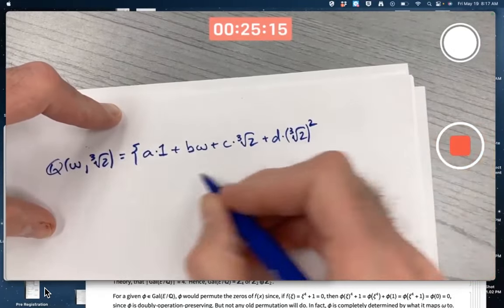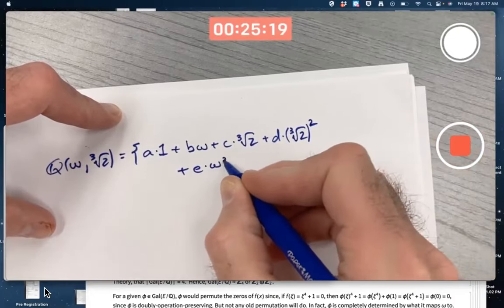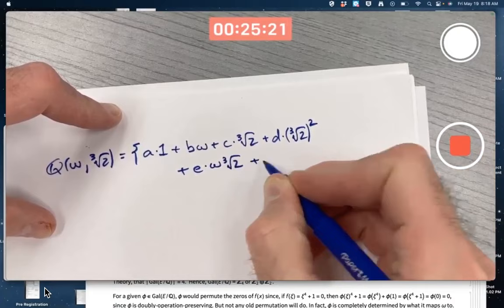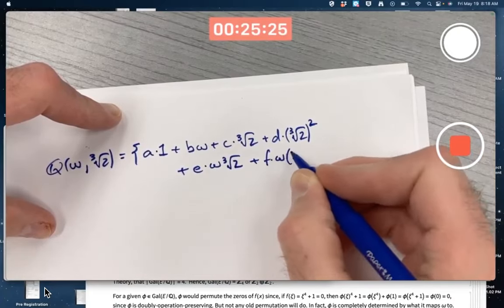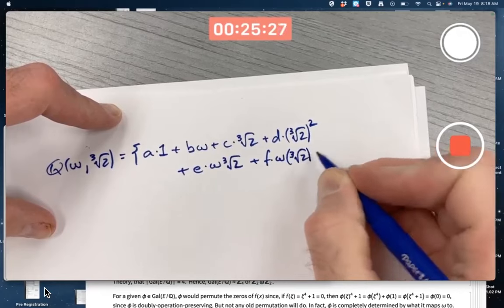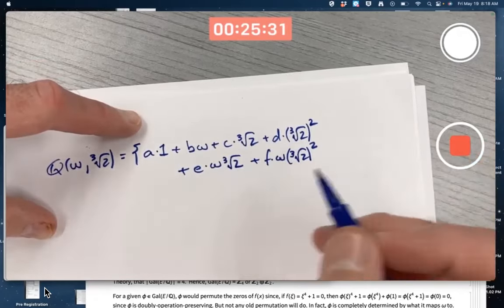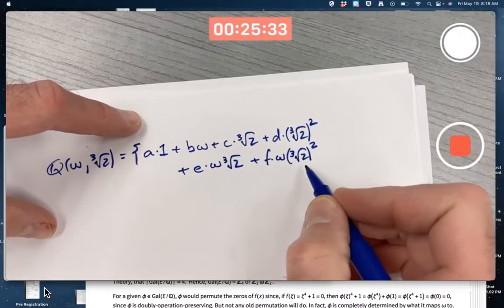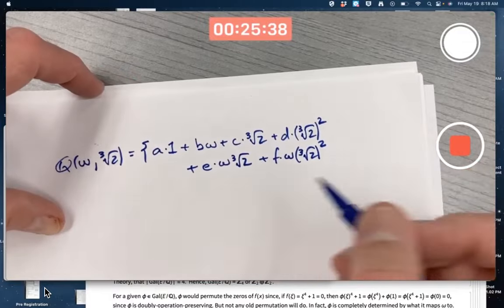We would also have omega times cube root of 2. And finally, omega times cube root of 2 squared. 1, omega, cube root of 2, cube root of 2 squared, omega cube root of 2, and omega cube root of 2 squared. Those 6 numbers form a basis for this as a vector space over the rationals.